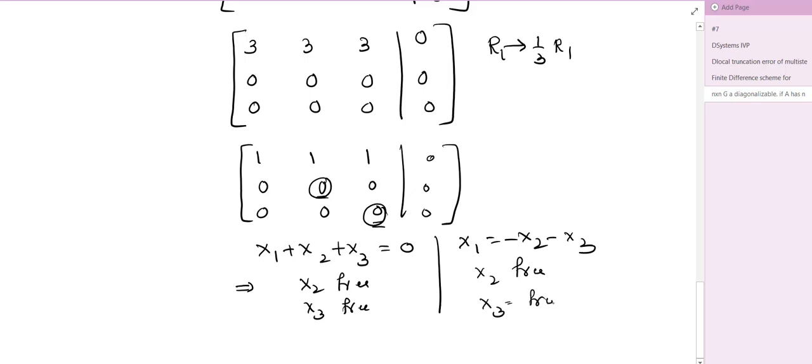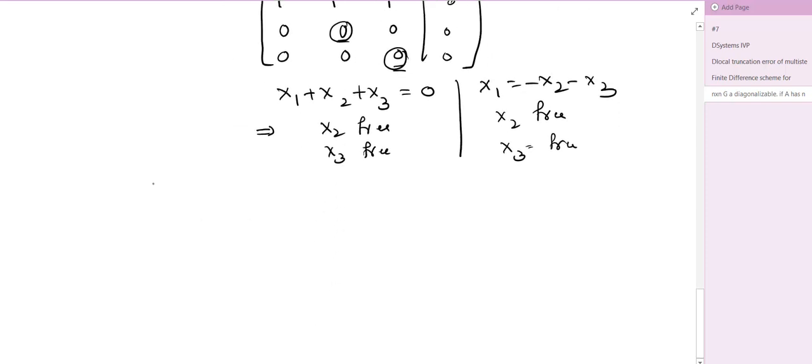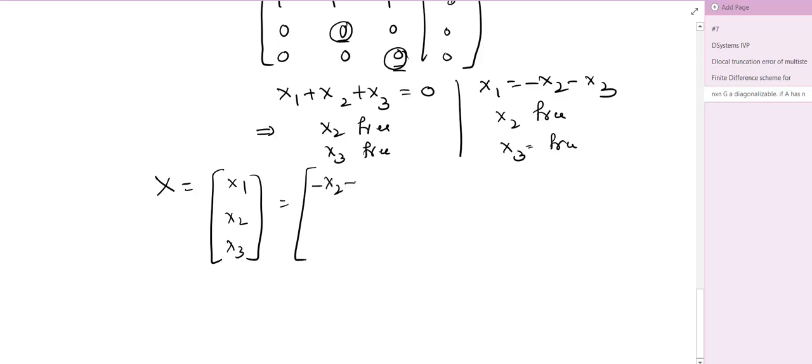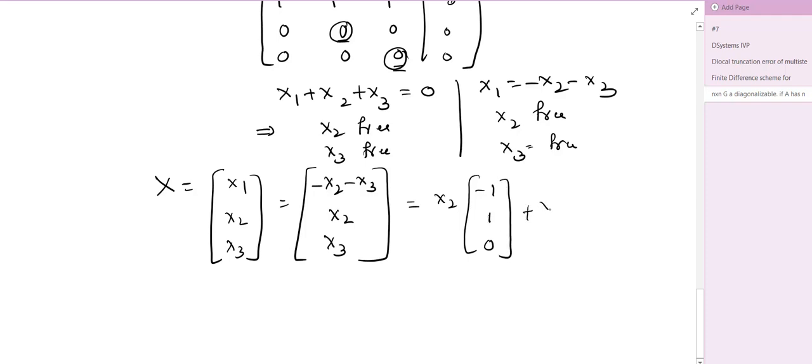So when I rewrite, x will be equal to x1, x2, x3. The x1 value is minus x2 minus x3, x2 is x2 and x3 is x3. If I take x2 out, this is minus 1, 1, 0, plus x3, this is minus 1, 0, 1.